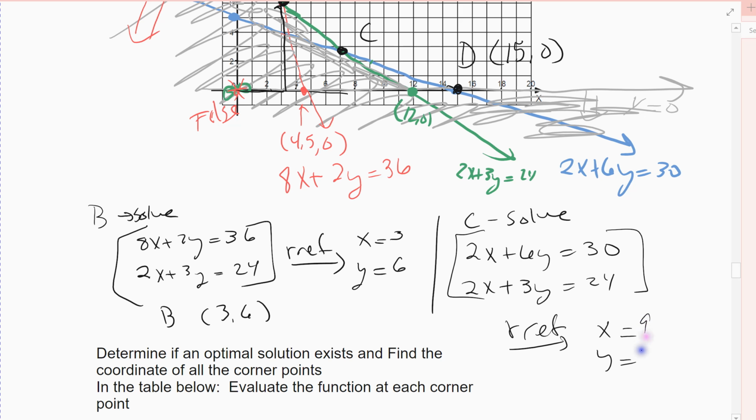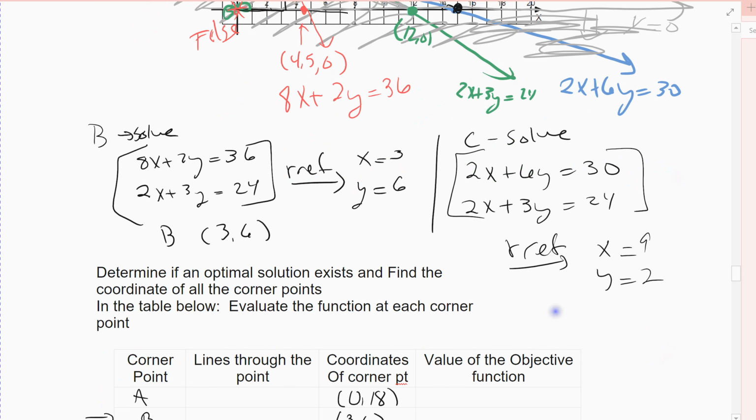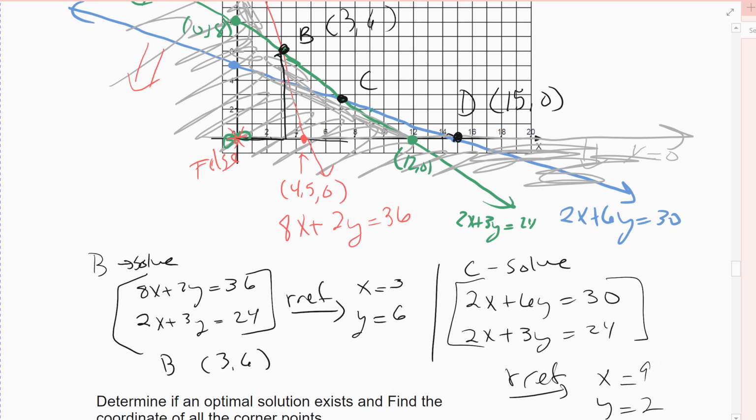Nine, 2. So C was the point 9, 2, which, yeah, didn't even come close. 9, 2 would put me here. Well, the blue line at least went through it, but my green line didn't come close at all. Alright, so C should have been at 9, 2.